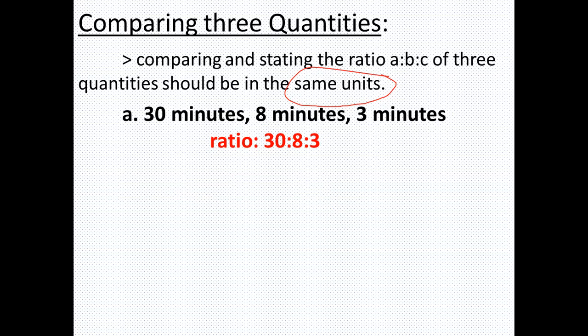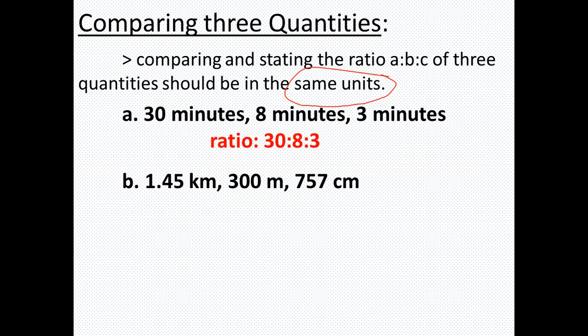But when we are to compare different units, remember, we have to convert it into the same units. Now, since in a ratio we use the smallest term, the simplest form, we use the smallest unit also, so that we convert the bigger unit to have it the same with the smaller unit.